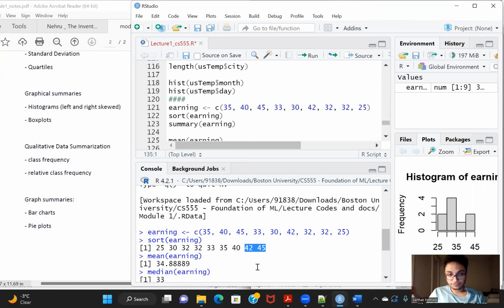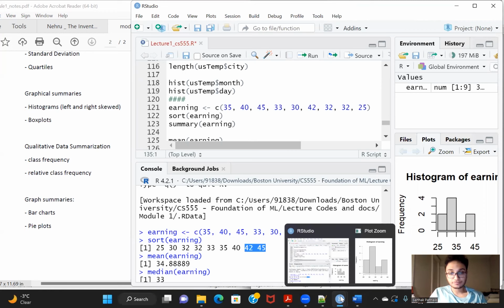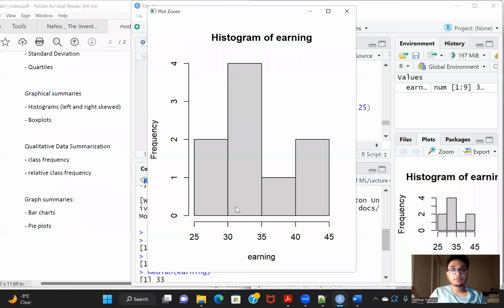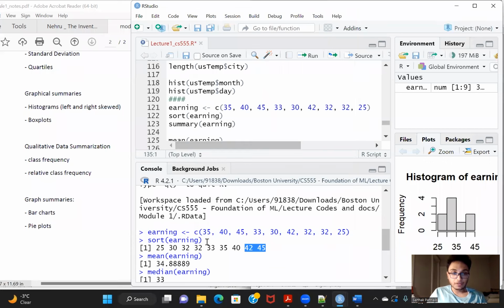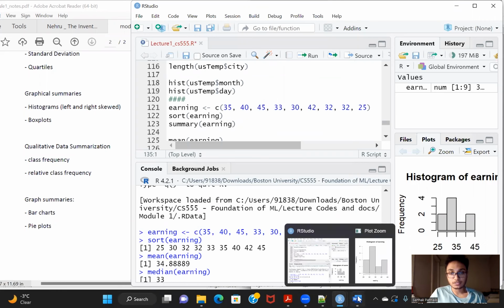So your next bin essentially considers all the data points which start from 31, which is why from 30 to 35, you see four observations. You have 32 two times, 33 one time, and 35 once. So total four observations.